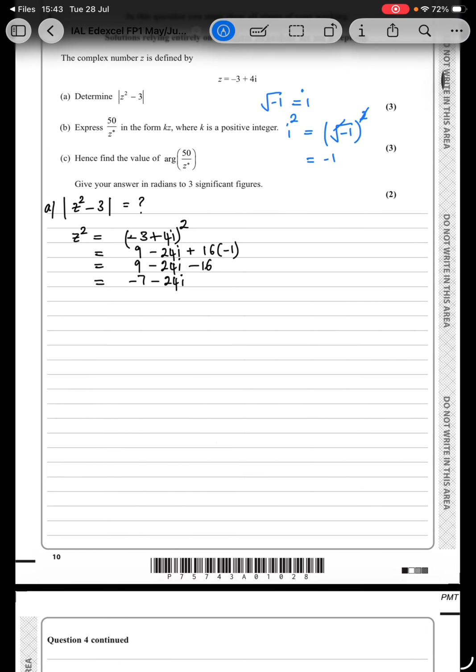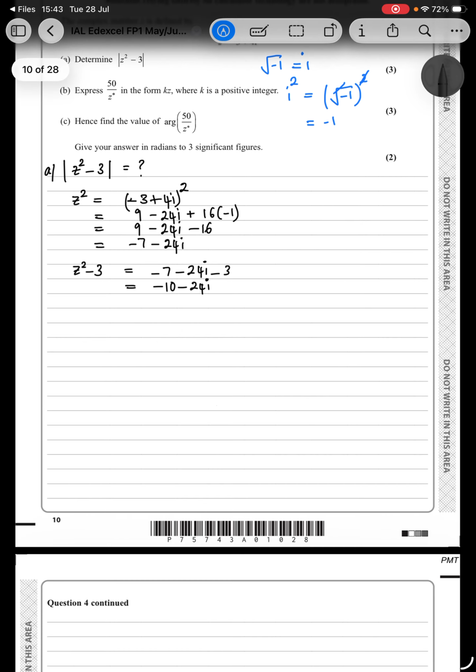Okay, so we can now find z squared minus 3. So that's going to be minus 7 minus 24i minus 3. So this simplifies to minus 10 minus 24i. And off we find the modulus of it.